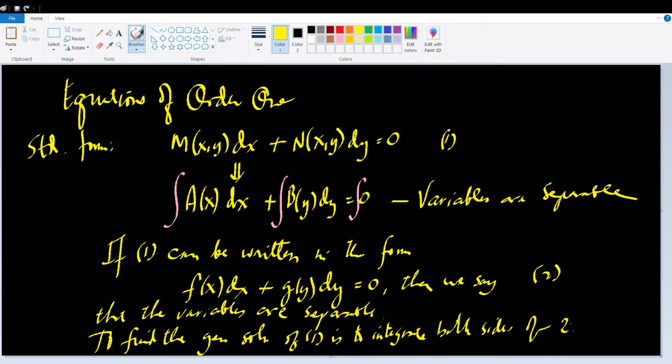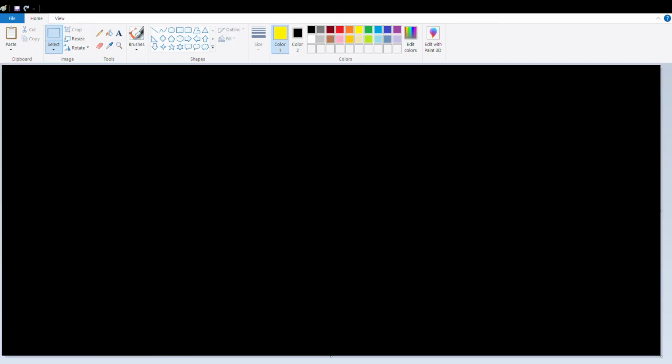We rewrite the given differential equation in a way where the coefficient of dx is a pure function of x and the coefficient of dy is a pure function of y. So let us take on our first example.